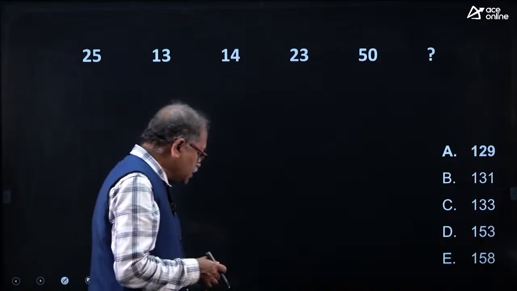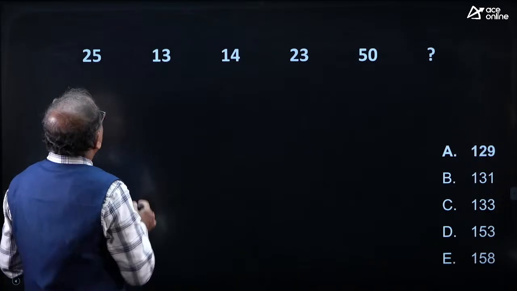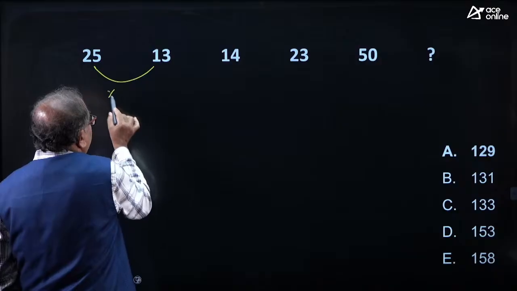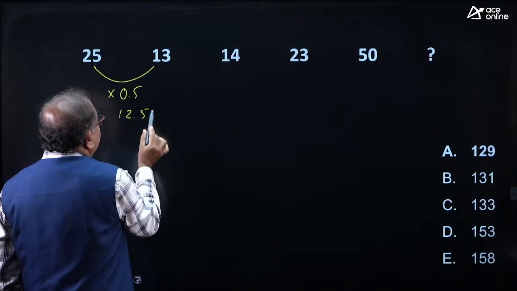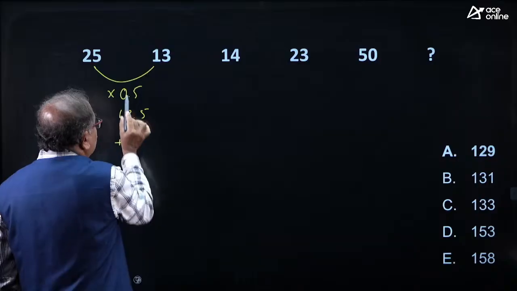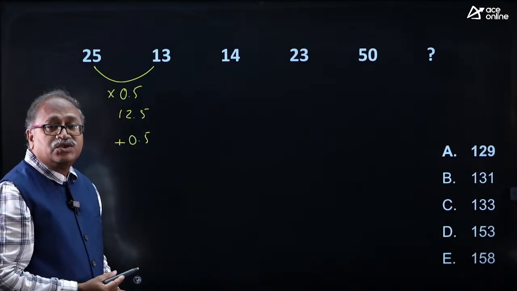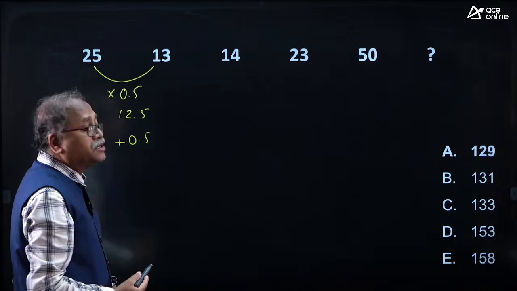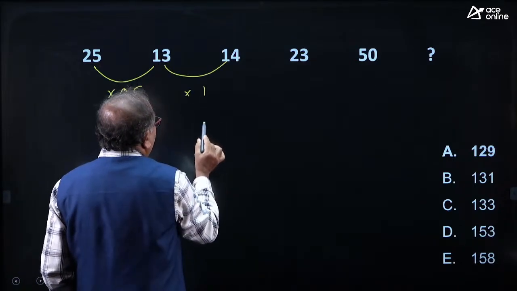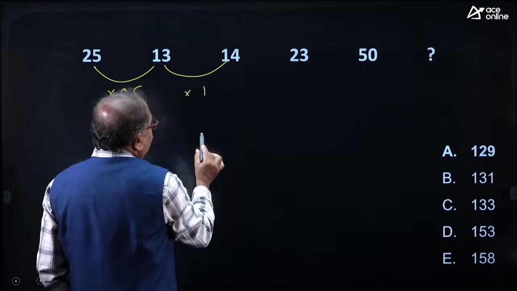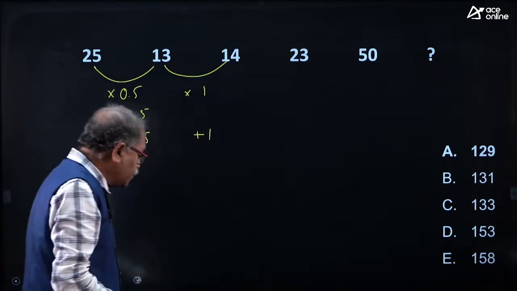Shall I solve this? So I will go for 0.5, that gives us 12.5, and if I add the same multiplier over here, 12.5 plus 0.5, that gives us 13. Now here I will multiply the next number by 1, so I get 13 and I will add the same multiplier, so 13 plus 1, which is 14.